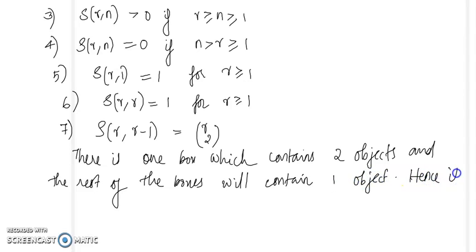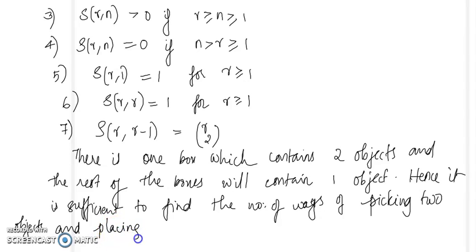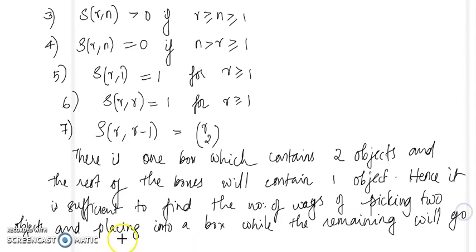Hence, it is sufficient to find the number of ways of picking two objects and placing them into a box, while the remaining will go to identical boxes.